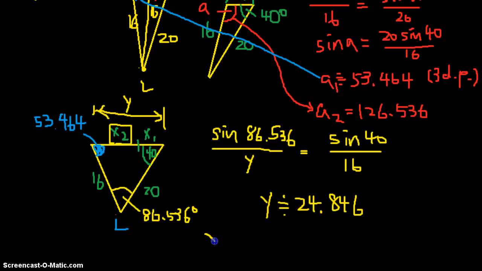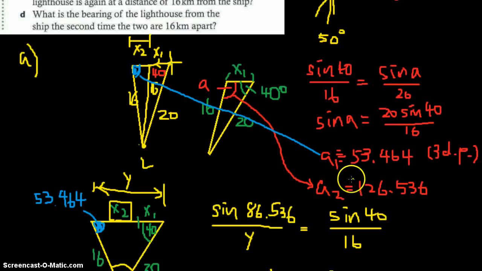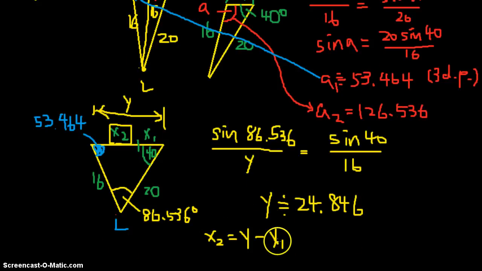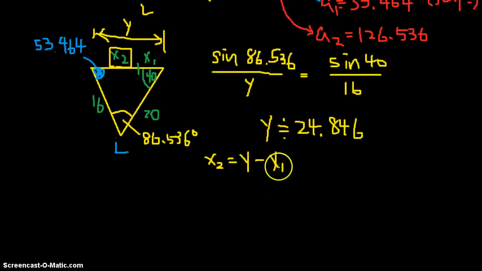So x2 is equal to y minus x1, which we still haven't found yet. So we will have to find x1, and then just put that in there, and I'm done. So let me put in the y value first. This is 24.846.